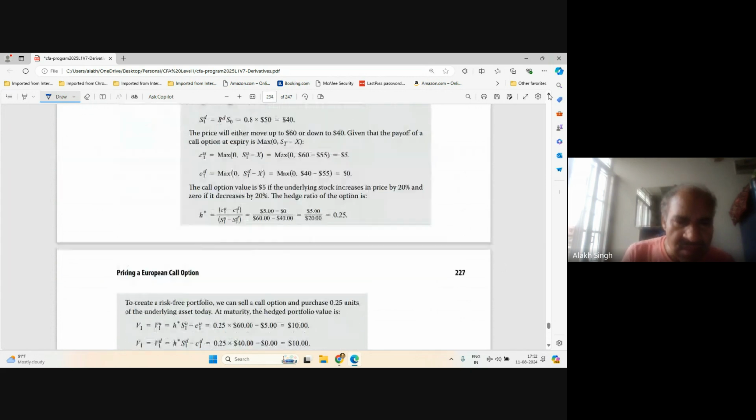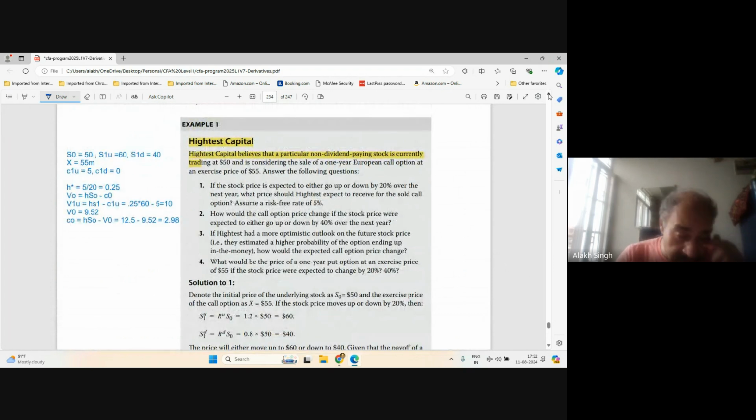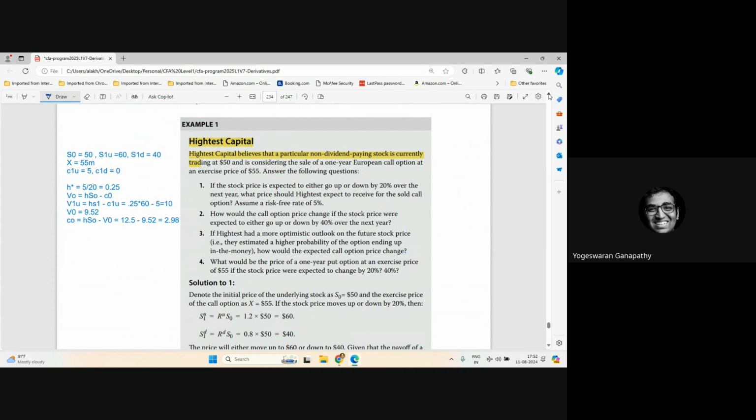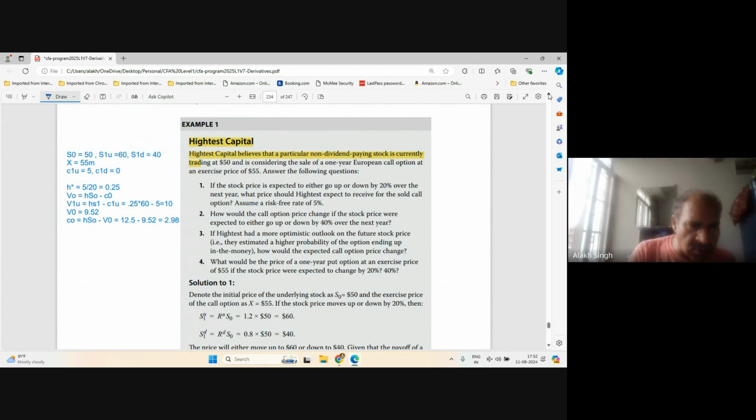Anyway, now B. How would the call option price change if the stock price were expected to go up or down by 40% over the next year? Okay, so 40% means how much? Let me copy this and paste it, and then we will change only the numbers.